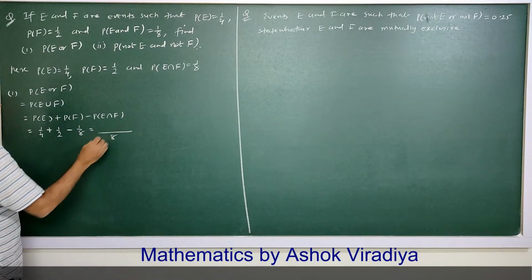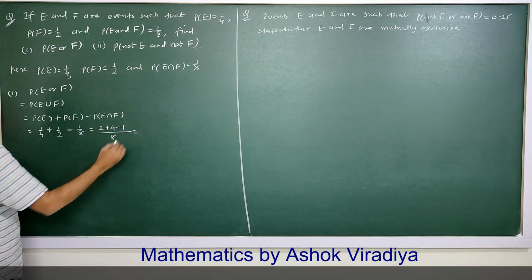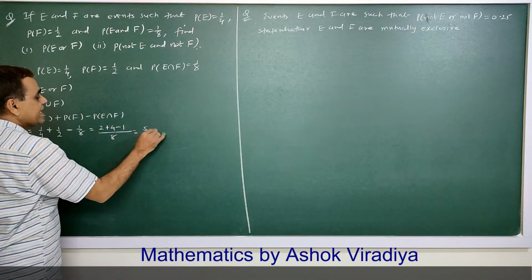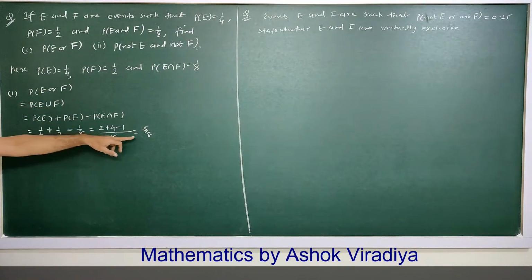So here the LCM is 8, this is 2 plus 4 minus 1. So it is 5 by 8. So probability of E or F is 5 by 8.